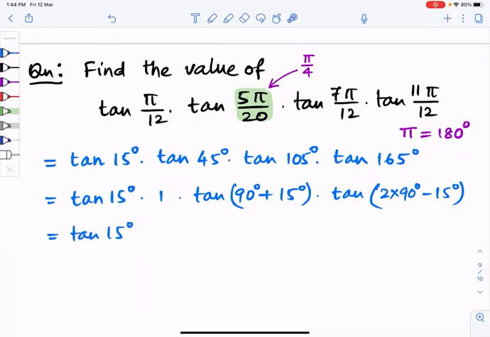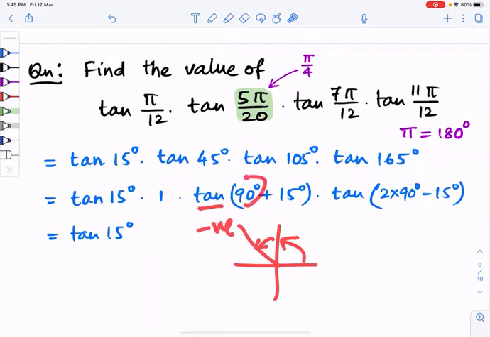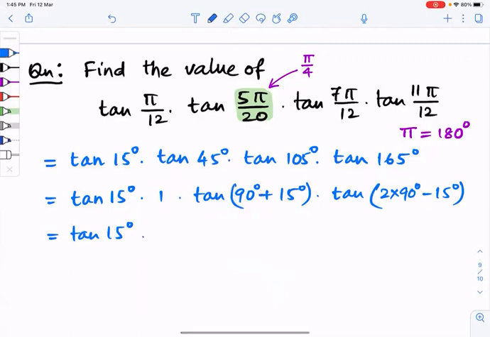Tan of 90 plus 15, second quadrant, tan is negative, and since it is 1 into 90, an odd multiple, tan will become cot. It is minus cot of 15 degrees.